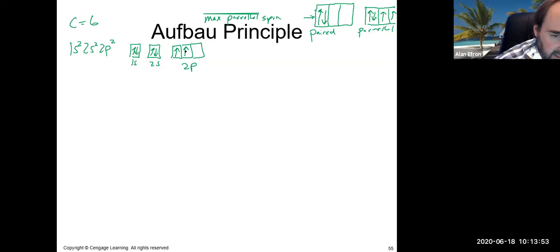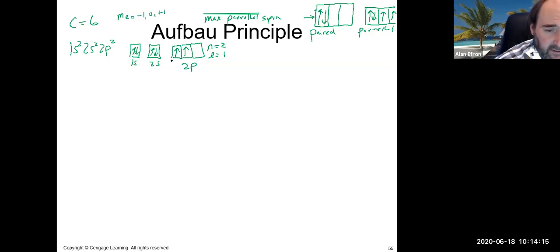So let's talk about this last electron here. For the very last electron that went in there, the N value would equal 2. The L value would equal 1. Again, it's in the p orbital. And if you remember, the M sub L at this point could be -1, 0, or +1.